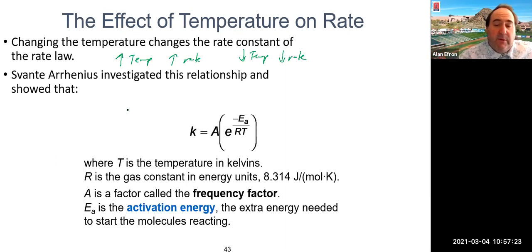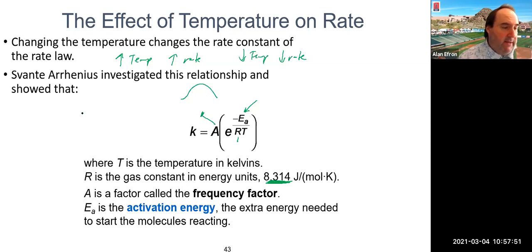Arrhenius has a relationship that describes that, and that is k, which is our rate constant, equals A e to the negative Ea over RT. A is a frequency factor. It is the proportion of molecules that have enough energy to get up and over that hill to the other side. Ea is our activation energy. R is the gas constant, and in this application, it is not the one that we use for the gas law.